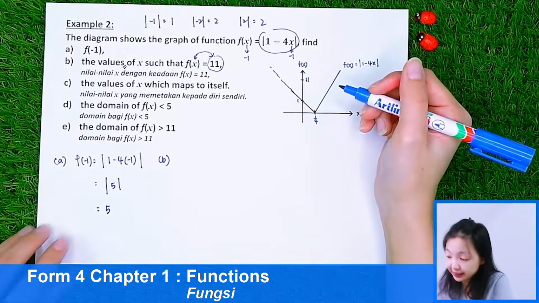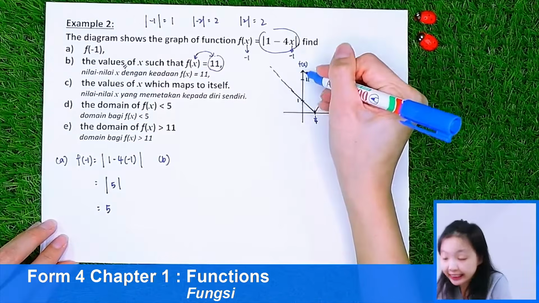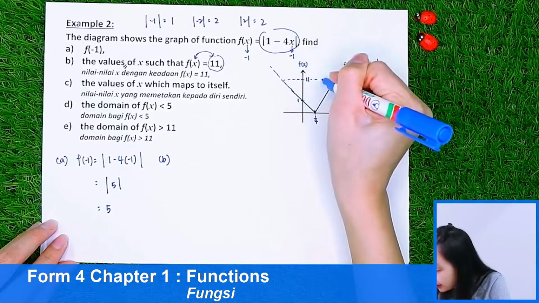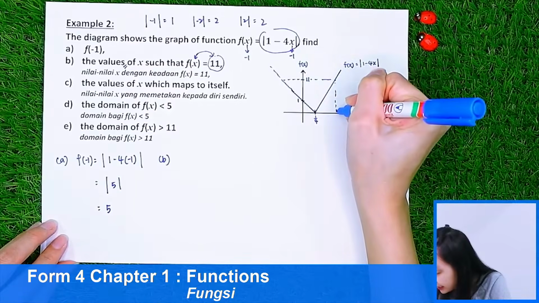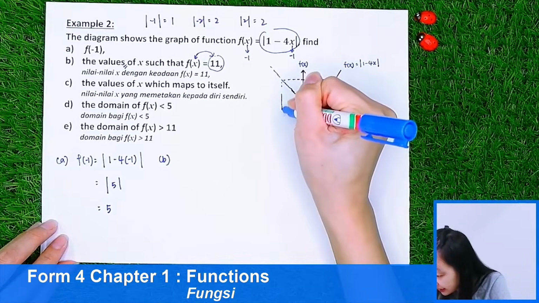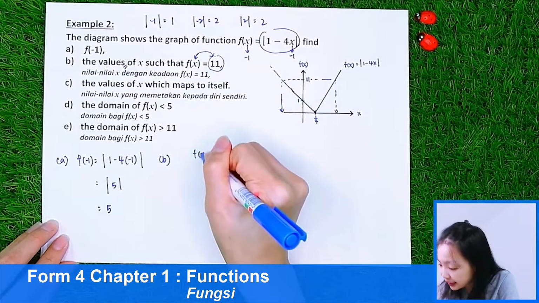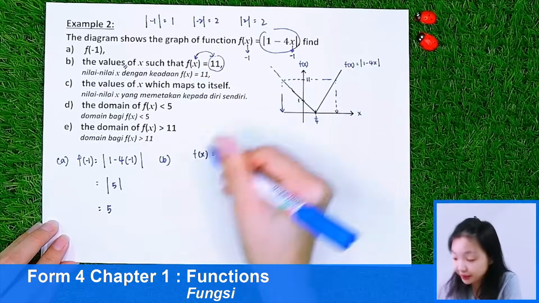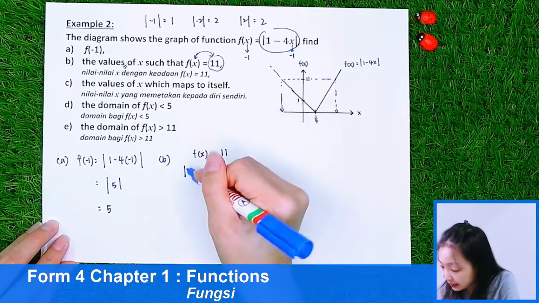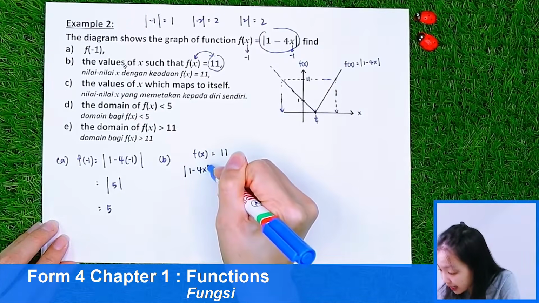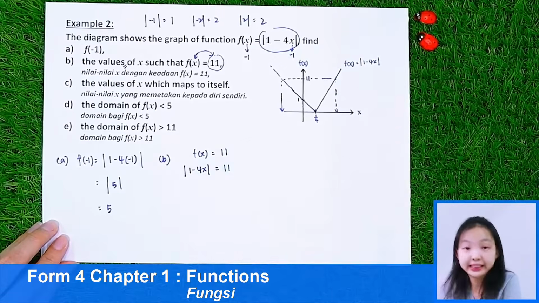Let us go back to this graph. So the image is 11. So we have to go and find the object. Here is the object. Here is the object. Okay, so with f(x) equal to 11, the modulus of 1 minus 4x is equal to 11.